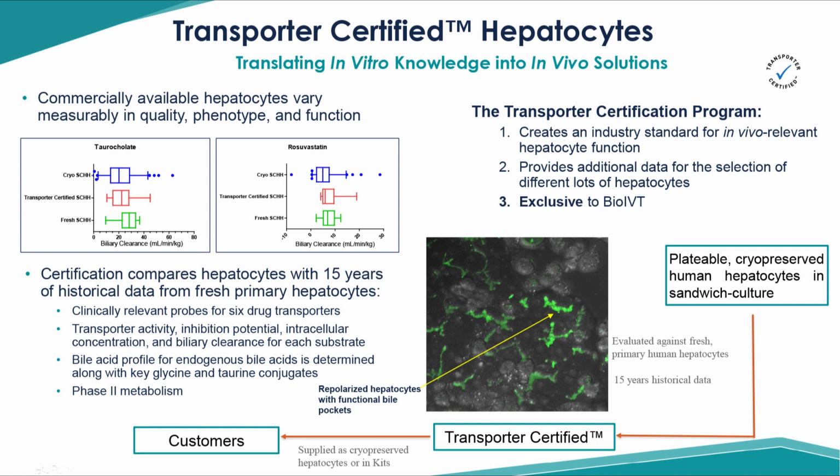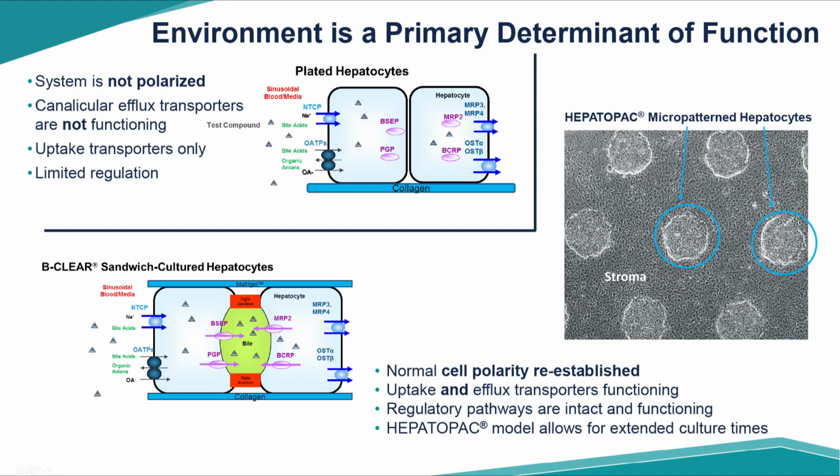But these transporter certified hepatocytes are top of the line hepatocytes and provide in vivo relevant transporter function for the studies. And so we can take these hepatocytes, but the next thing is to put these in an environment that maintains that phenotype.